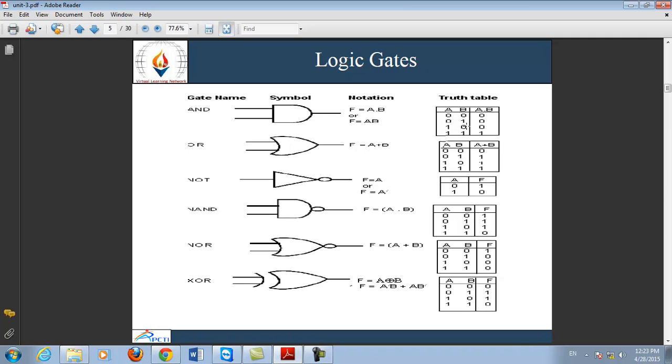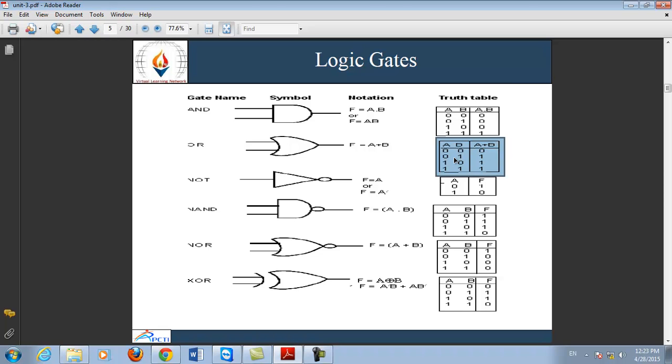Next is OR gate. The symbol to present OR gate is this, and the notation is the plus symbol, that is, function equals A plus B. Now in the case of OR gate, if any of the inputs is true, then the output will also be true. For example, you can see this in its truth table. You can see here, if both the inputs are false, that is, if both the inputs are 0, then the output will also be 0.